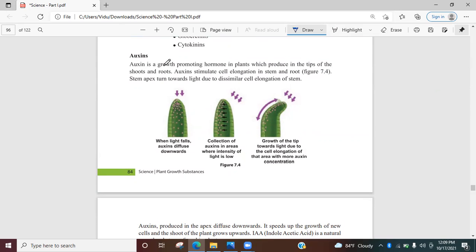Auxin is a growth promoting hormone and it's produced in the tips of the shoot and also roots. Auxins stimulate cell elongation in stem and root. The stem apex turns towards the light due to unequal cell elongation of the stem.